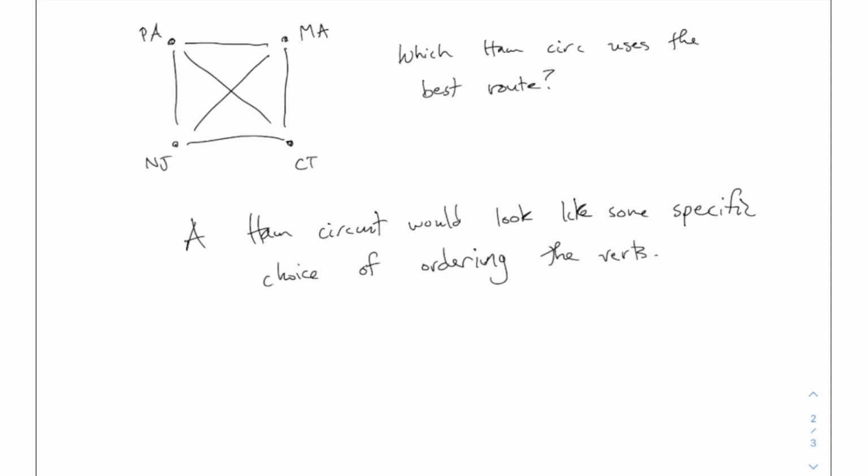For example, we have to start in Connecticut and finish in Connecticut, but I could do Connecticut. I'll just use the first letter if you don't mind. I could do Connecticut to Massachusetts to Pennsylvania to New Jersey to Connecticut, right? That would be going around the outer edge, counterclockwise. That's one way to do it, to hit all 4 vertices.